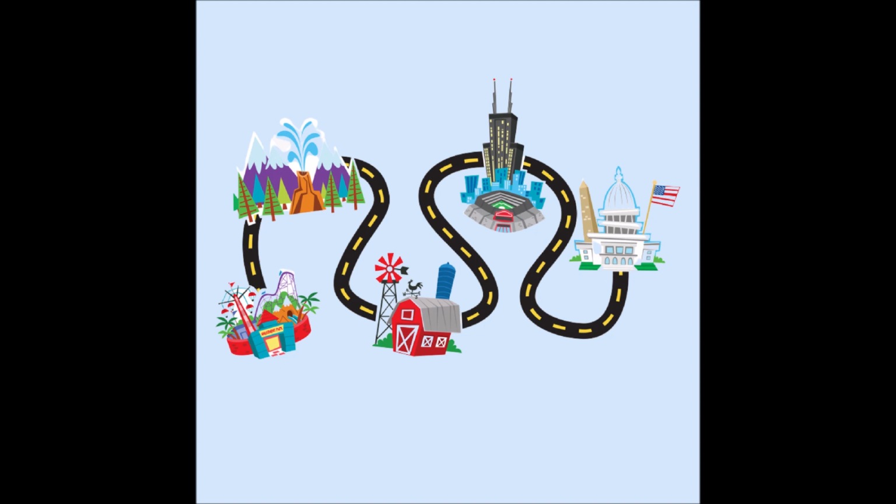Okay, in our last example, we have a little map. And it shows a road going to different places on the map. Do you see the different places? Well, Susie starts with an S. Do you see the S? Susie's in the mountains.